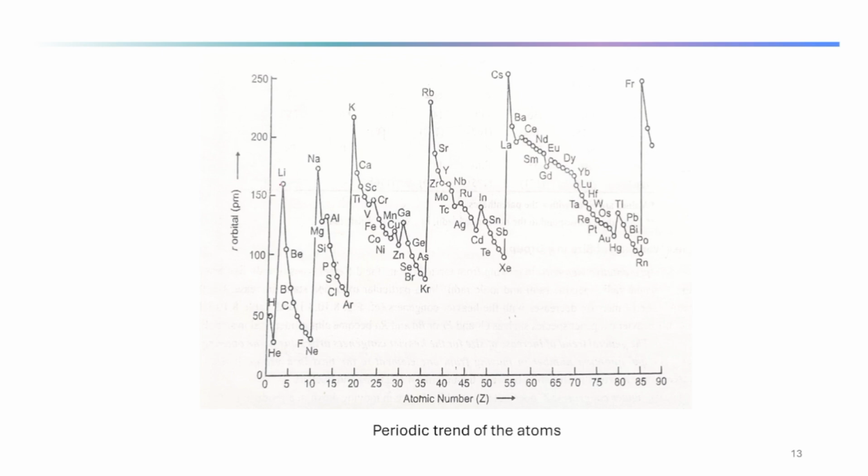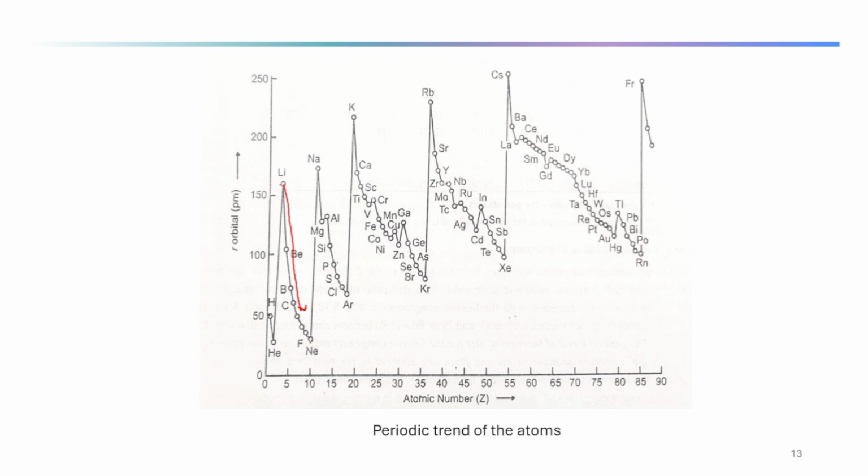For s block elements, the atomic radius is more for the alkali metals, and as we go along the period from lithium to beryllium, boron, carbon, nitrogen, oxygen, the atomic radius decreases. It decreases till neon. So neon, which is the inert gas element, is having the lowest one here.